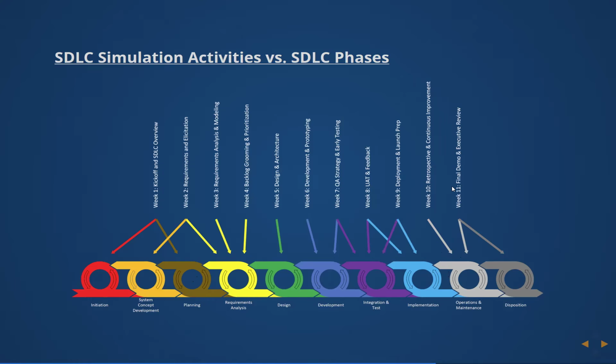So weeks 10 and 11, instead of pointing to the ongoing phases or the end of life phase, should really point to that closing phase that is implicitly there but not shown. So we basically work through the SDLC.